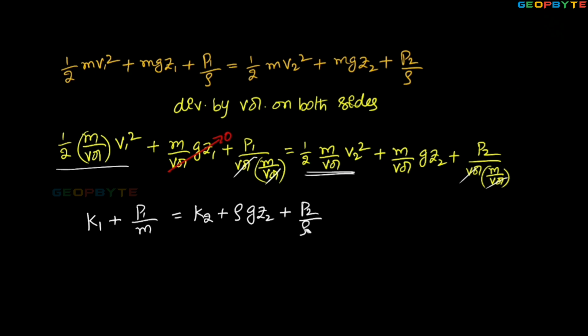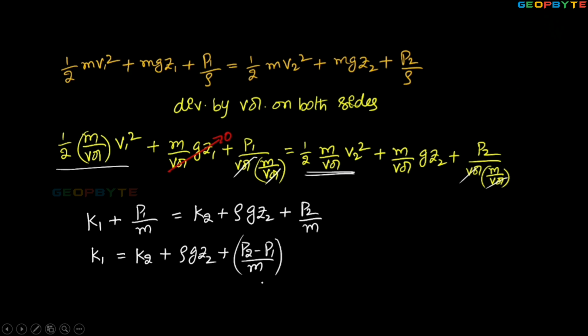Let me write it clearly. Then look at K1 equal to, I can write, K2 plus rho g Z2 plus P2 minus P1 by m.